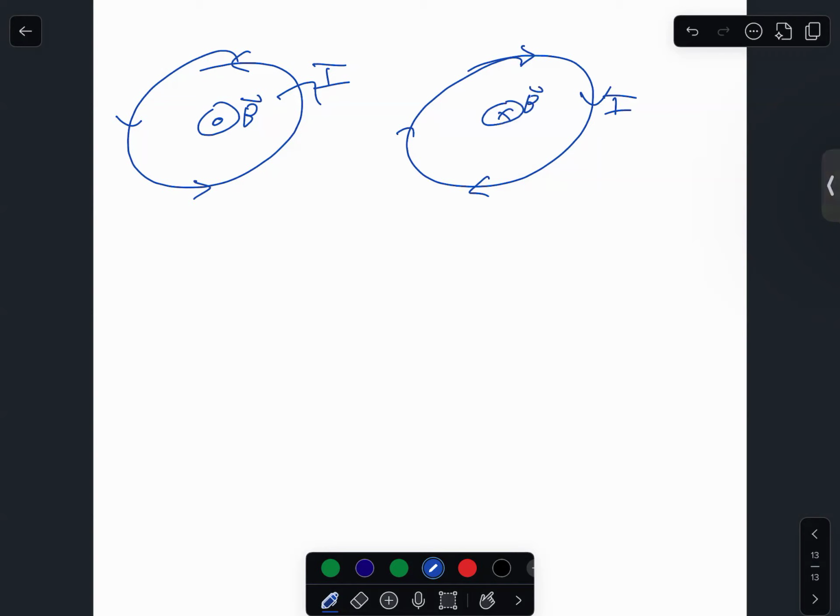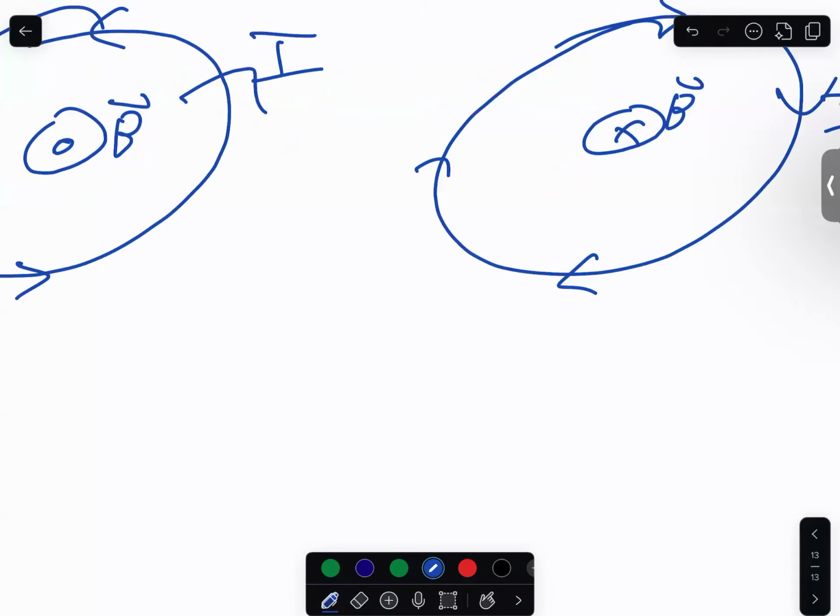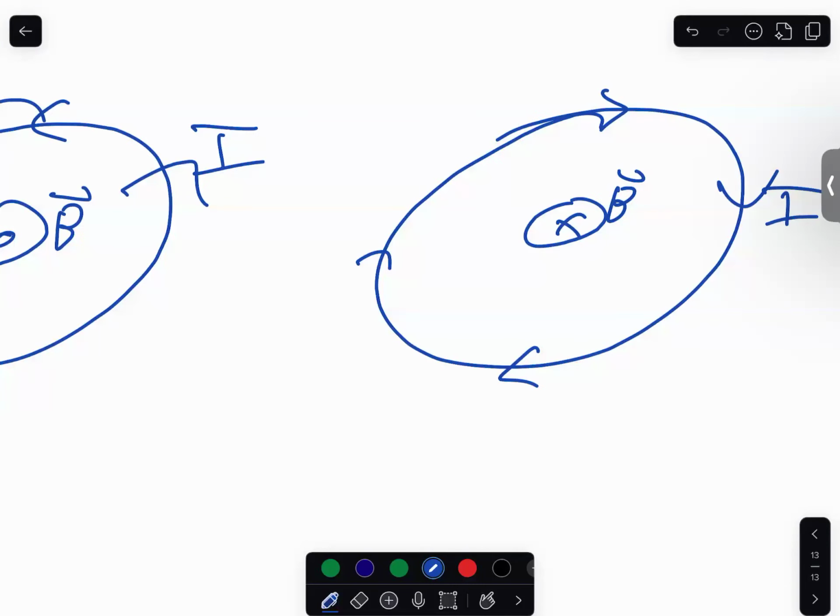Here's a quick trick for how to remember it. Form your right hand into an OK sign. Your thumb is the direction of the field, and your fingers curl in the direction of the current. My right hand fingers are curling around the direction of the circle. If the current is clockwise, my thumb points into the page, field points into the page. Make sure you're using your right hand, okay?